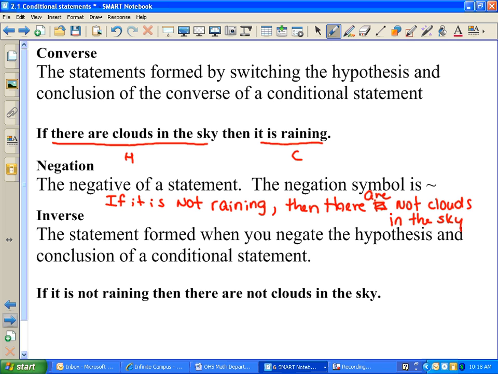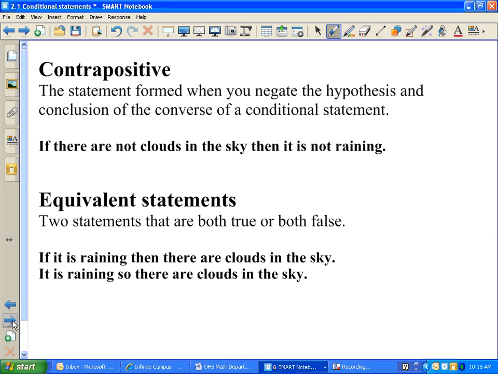The inverse is negating the original. The contrapositive is switching and negating.